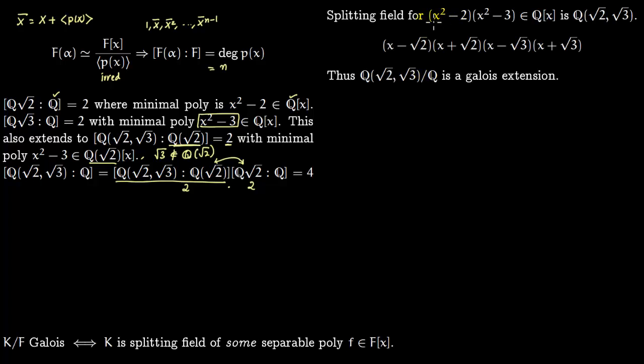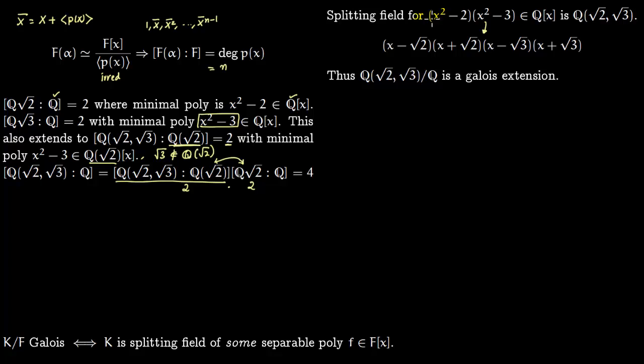So the splitting field for the polynomial x square minus 2 times x square minus 3 over the rationals is precisely you adjoin root 2 and root 3 to the rationals. So this splits like this. Notice that this is not an irreducible polynomial. Obviously it's a product of two factors, and we have already seen that the degree of extension of this over Q is 4.